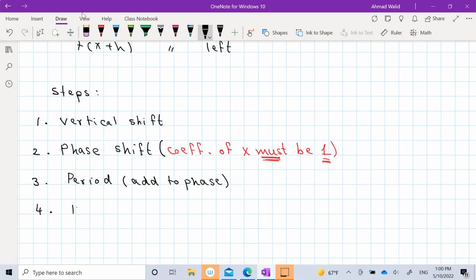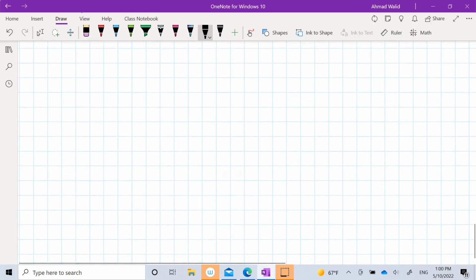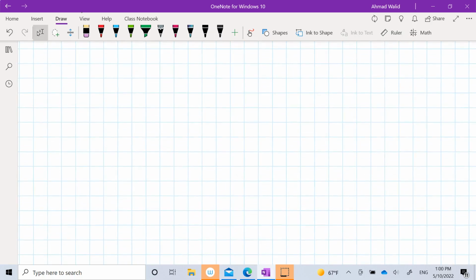Key points. This is the 4th step that you follow, and easily you can graph a phase shift. Let me explain all the steps in these examples.